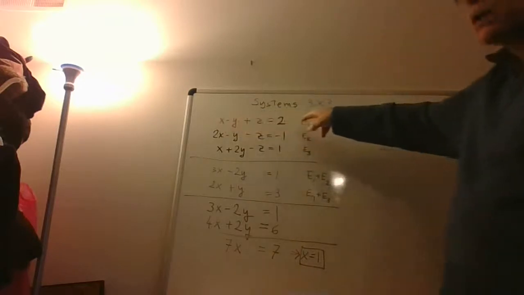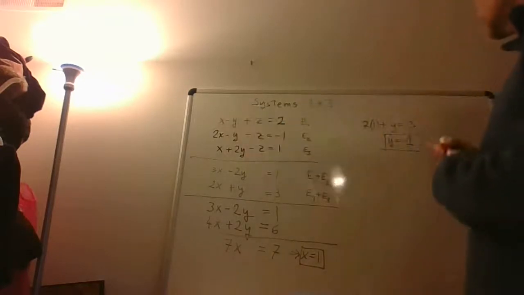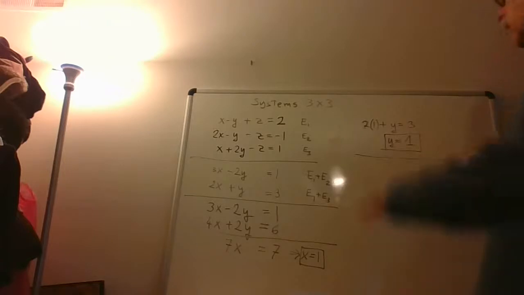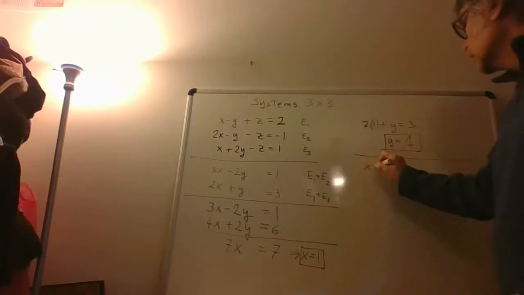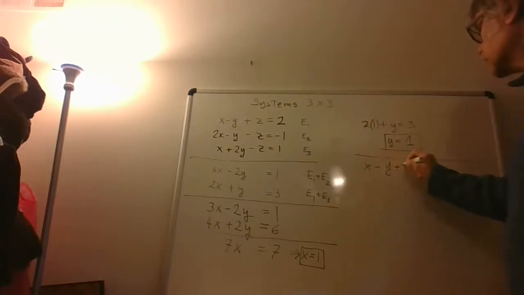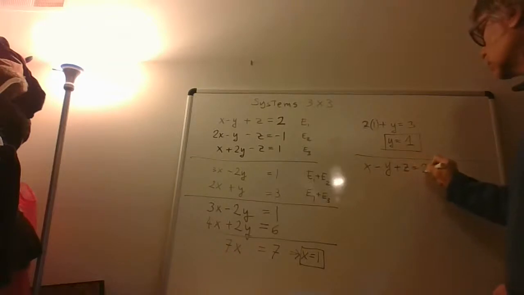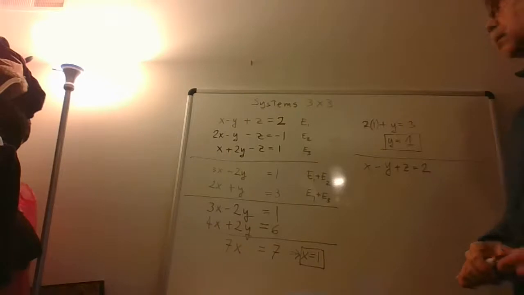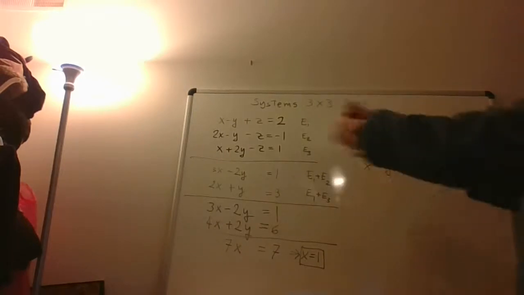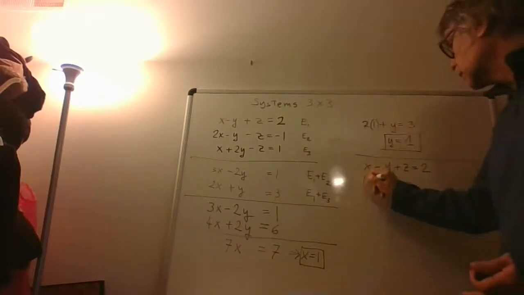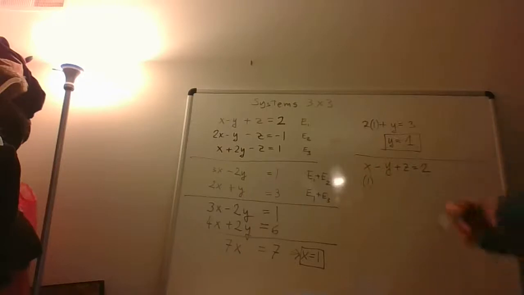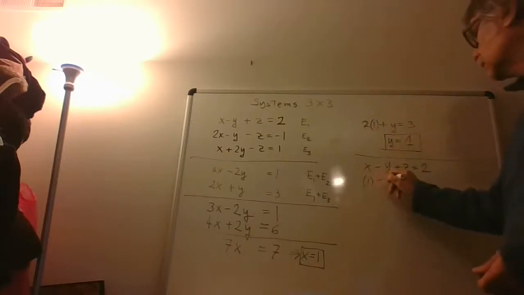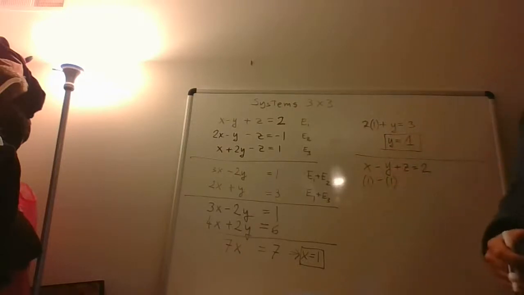So now going back substitution, what this equation is, let me write it down. It says x minus y plus z is equal 2. Okay? Well, I know x. x is equal 1. So I'm replacing x with 1. I also know y. y is equal 1. Okay?